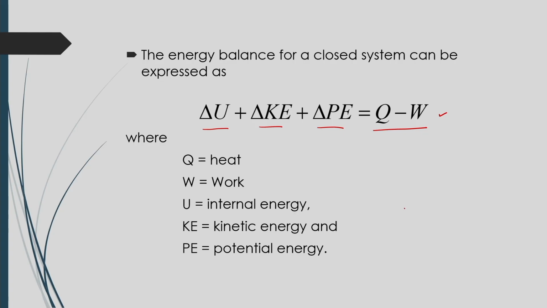The heat energy or work done by or on the system changes the system energy, like internal energy, kinetic energy and potential energy. Based on this we can represent the general form of the equation.